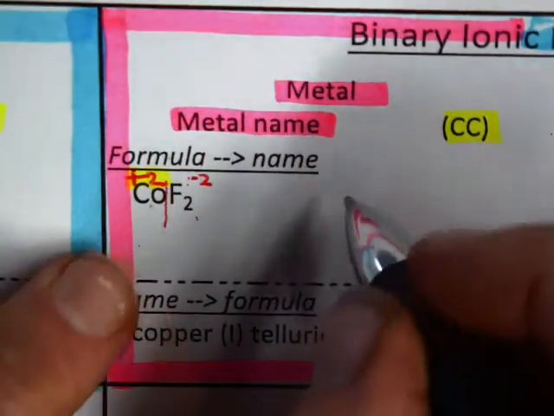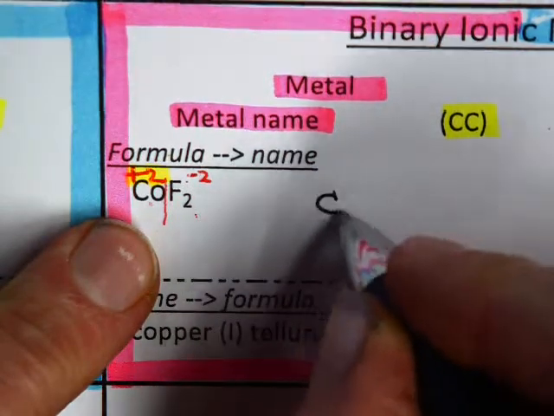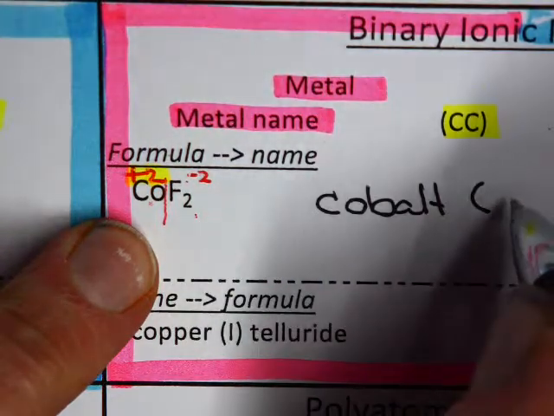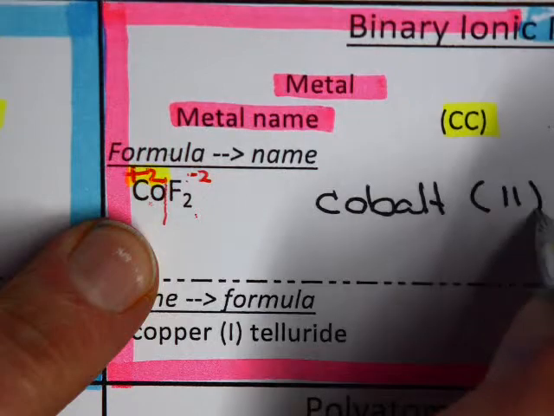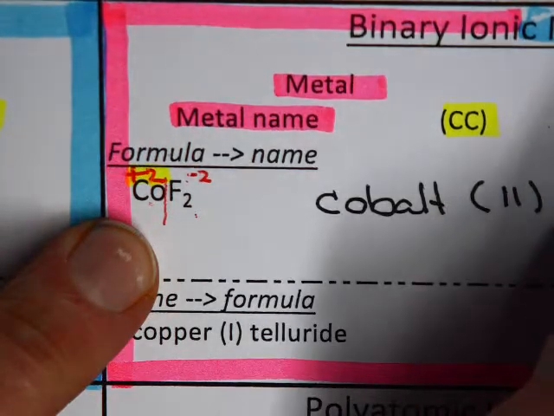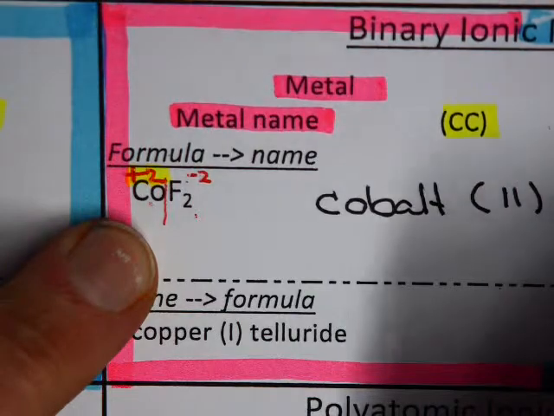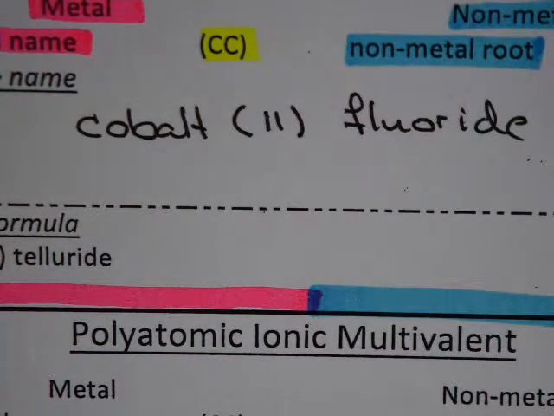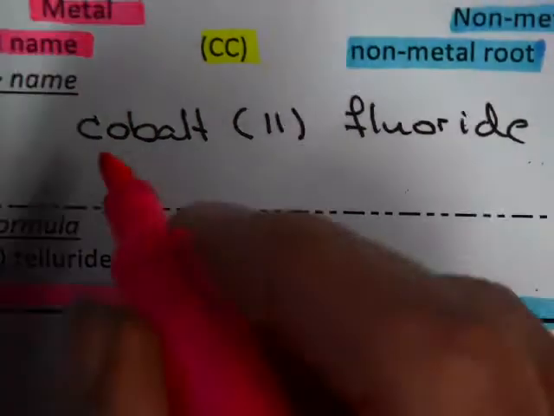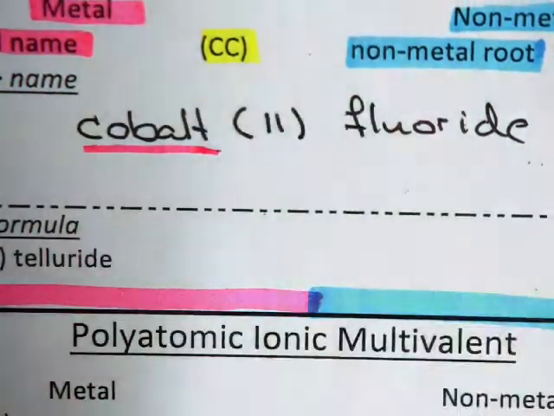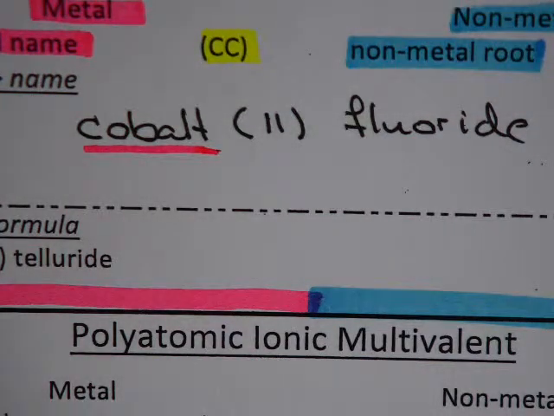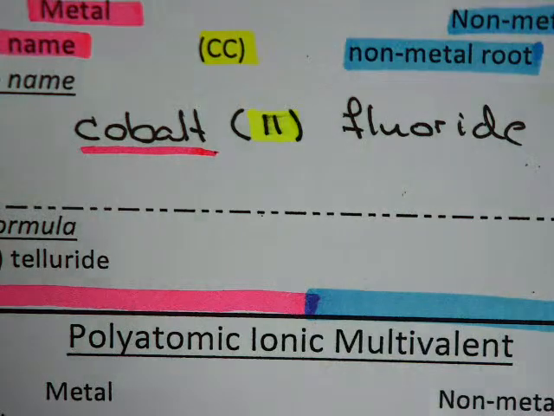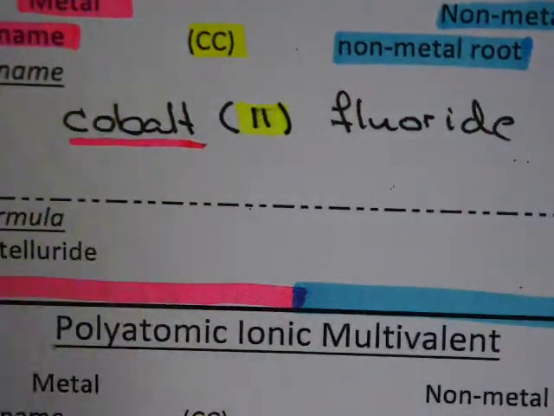So this is going to be metal name, cobalt, oh wait, no, he's just writing. I'm just going to write it down. 2, fluoride. We can't see. Thank you. So the cobalt, the 2, and the fluoride.